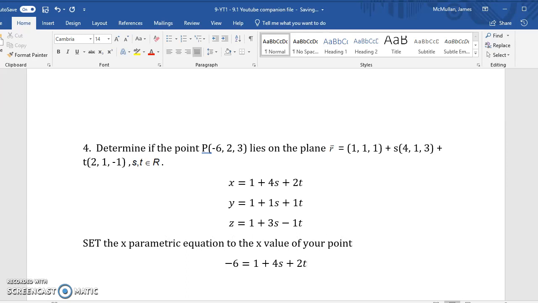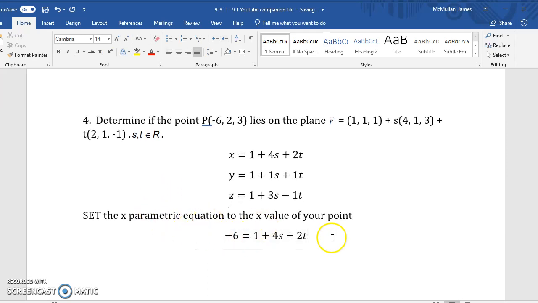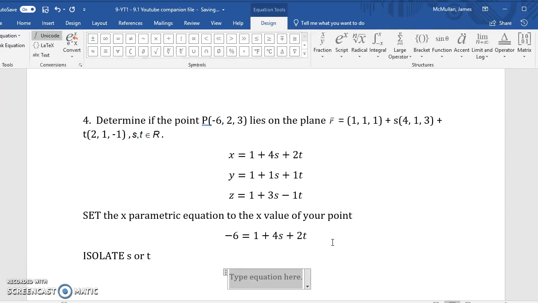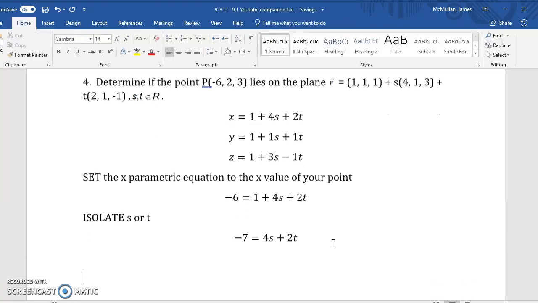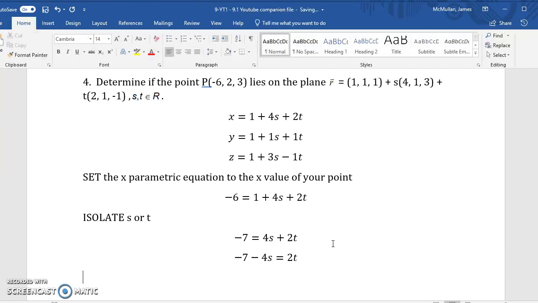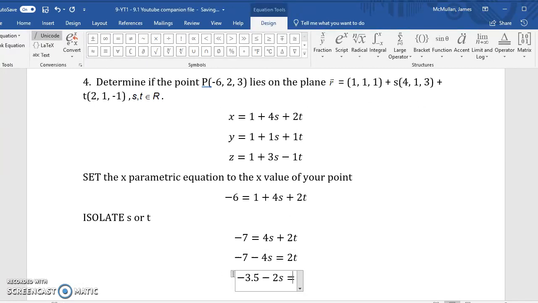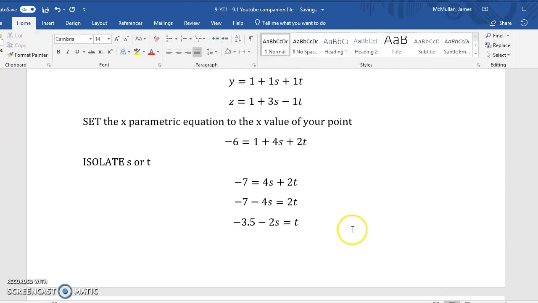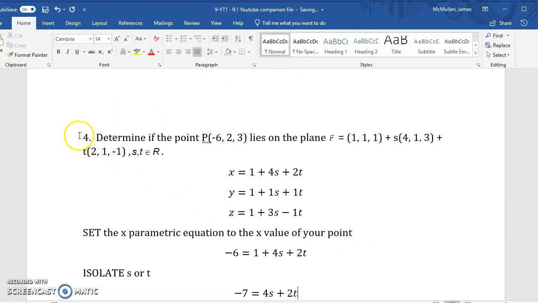Once that's true, so I did that here, what we're going to do is isolate s or t. So we're going to bring the 1 over. We get -7 is 4s plus 2t. We get -7 minus 4s equals 2t. And therefore -3.5 minus 2s equals t. Okay, so I've got an equation for t there.